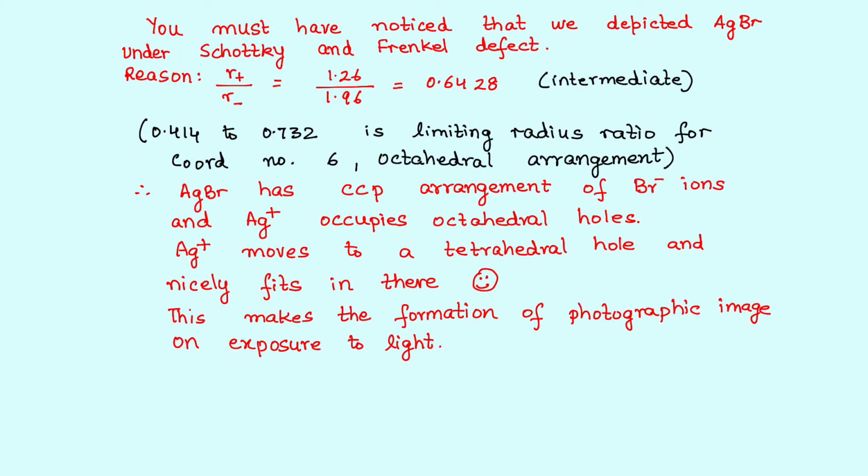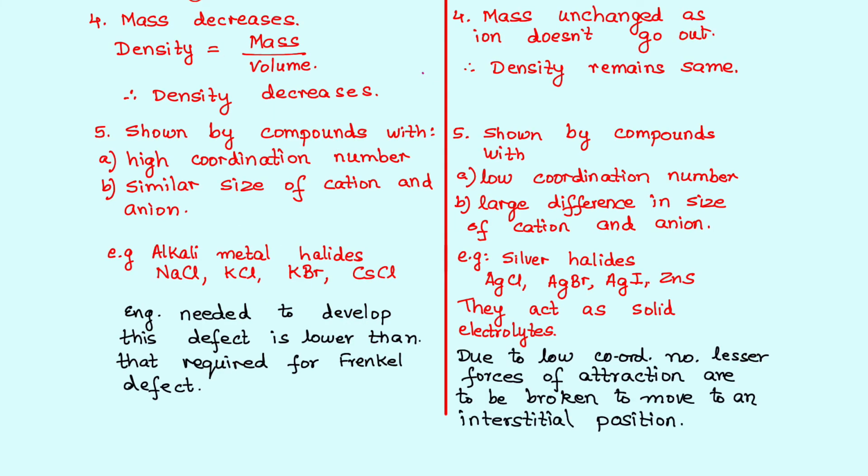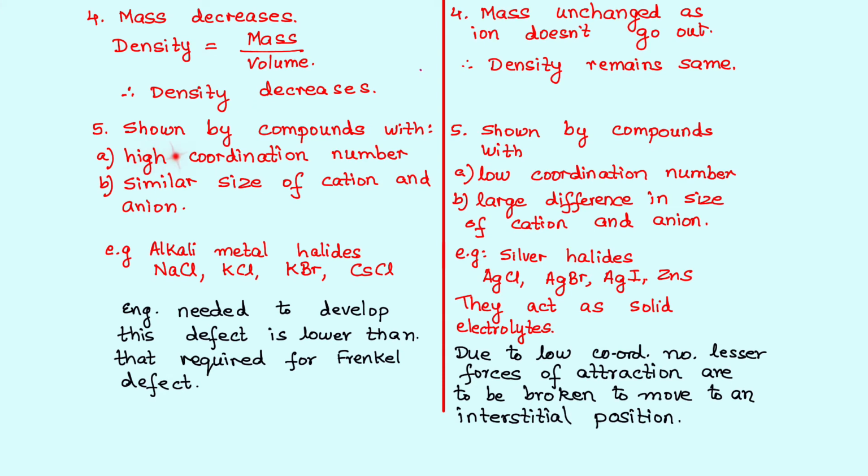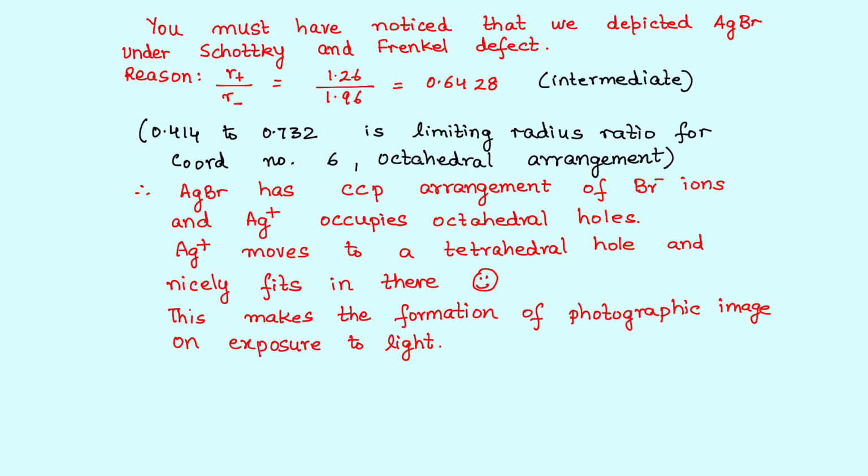So the question remains, yes. If we see the radius ratio for silver bromide, it's intermediate between the low and the high values. It is falling in the range of 0.414 to 0.732, where the coordination number is 6. So it is neither a high nor a low value. We said we need a high radius ratio and a low radius ratio, so high coordination number, low coordination number, but it's got an intermediate value.